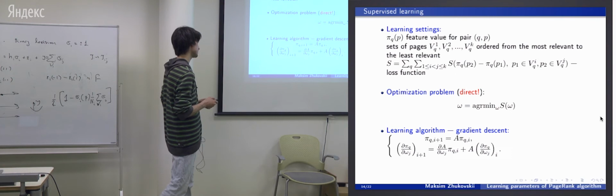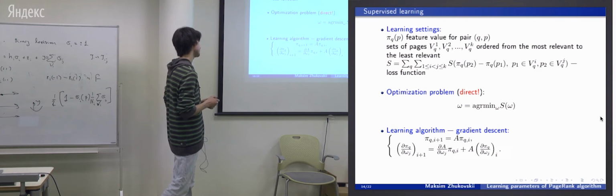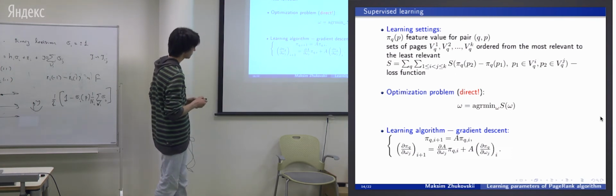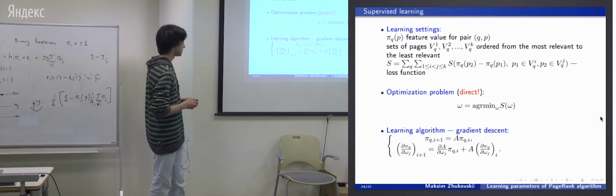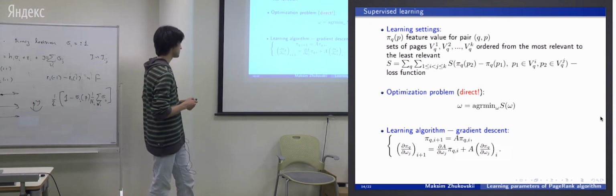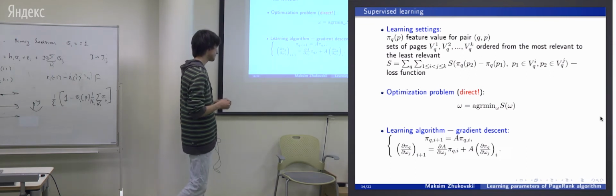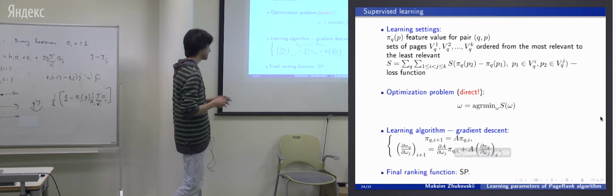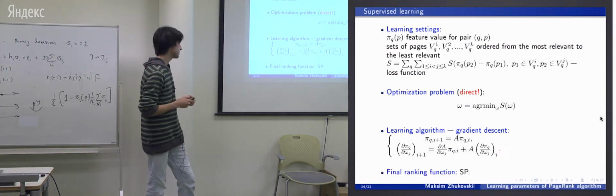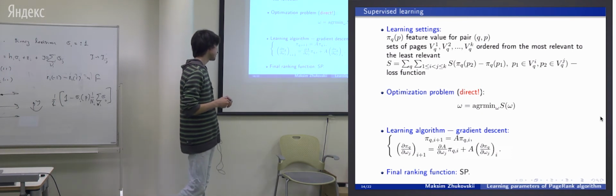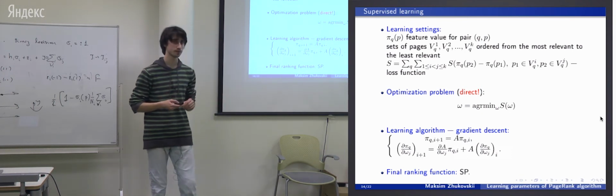So you can see here an iterative algorithm, and this vector converges to... We prove that this vector converges to the derivatives of PageRank vector. And in this case, we call the final ranking function supervised PageRank.